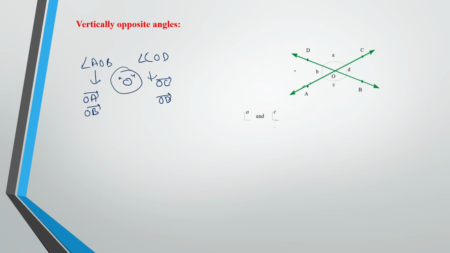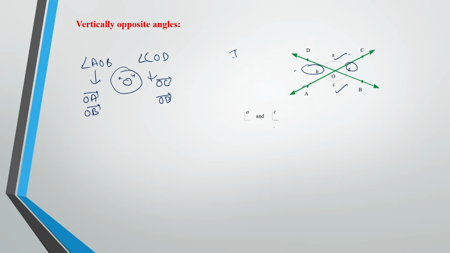Then only we can say these two angles are called vertically opposite angles. If two angles have a common vertex and no common arms, then those two angles are called vertically opposite angles. So we can say angle a and angle c are known as vertically opposite angles. In the same manner, angle b and angle d are also vertically opposite angles.